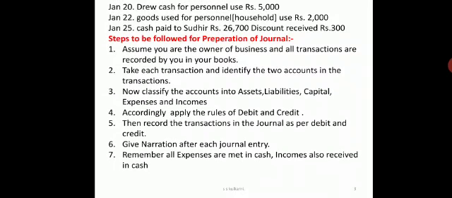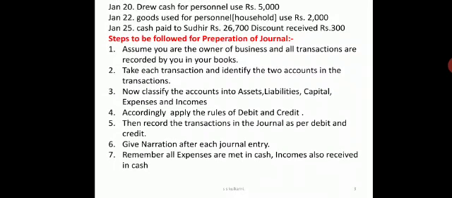Next, remember whenever there are certain transactions where we are meeting expenses or receiving incomes, whenever expenses are met, it is in cash, and when incomes are received, that is also received in cash itself.